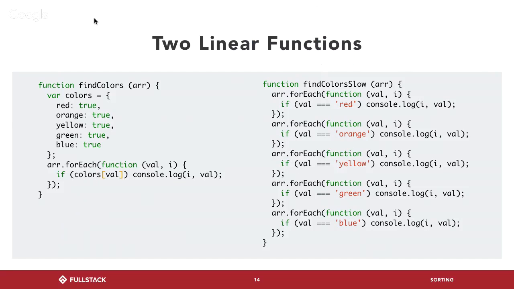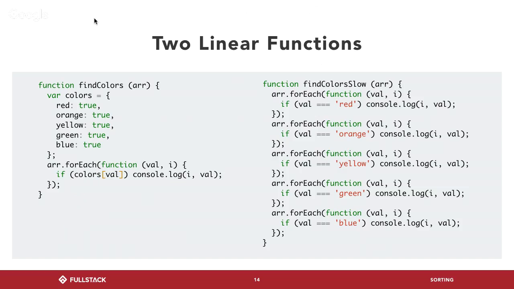So here's an example where we want to do a console.log. On the left, we could loop over our colors, and for each value we console log i and the value.